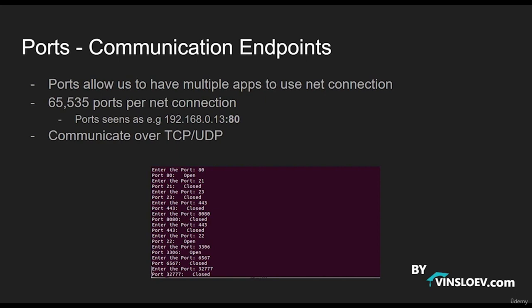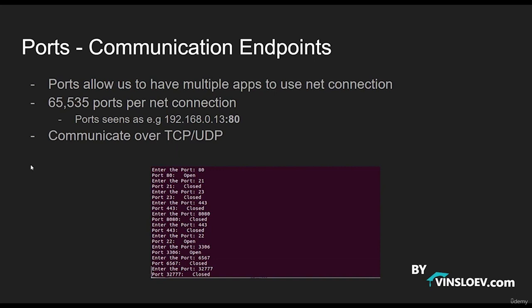On our device we have 65,535 ports which we can choose from, and some of these ports are already assigned as default ports to different protocols, which you will see in a minute.